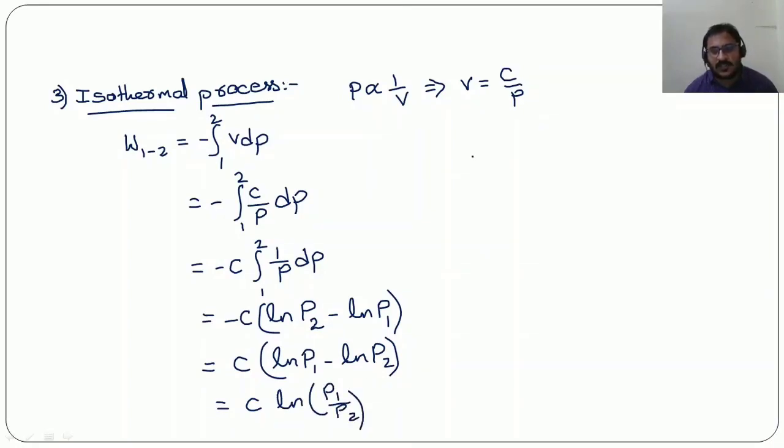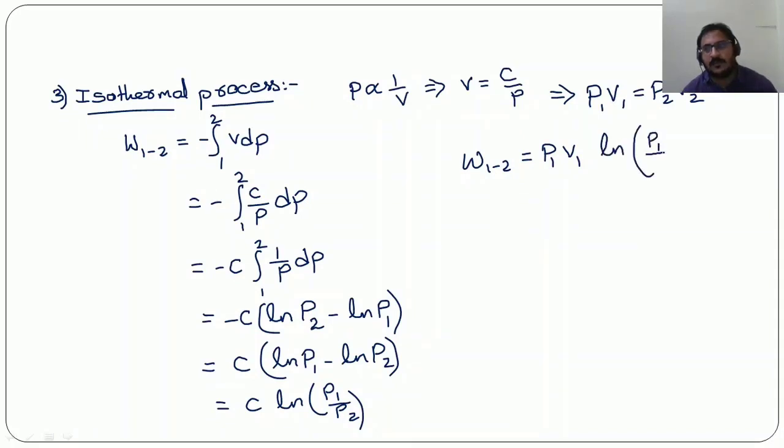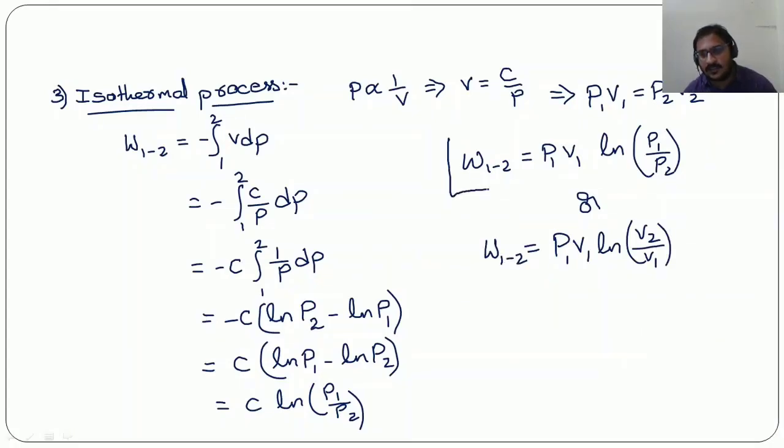Instead of this constant, we can write p1 v1, because here pv equal to constant, so p1 v1 is equal to p2 v2. So p1 v1 ln p1 by p2 we are going to get, or you can write this as p1 v1 ln v2 by v1. This is the formula for work done that we need to consider during isothermal process.